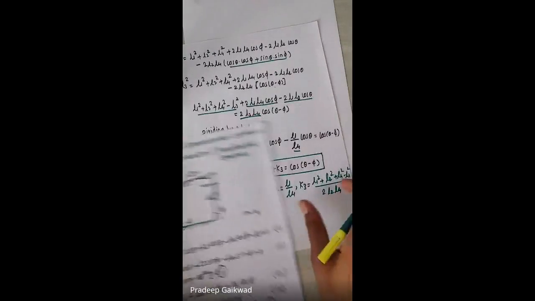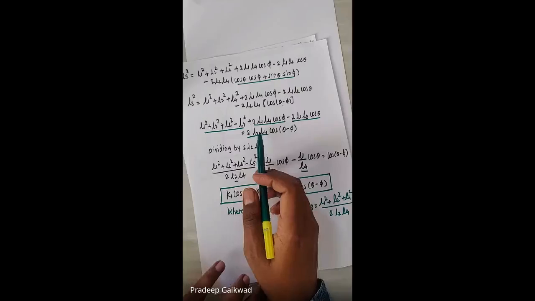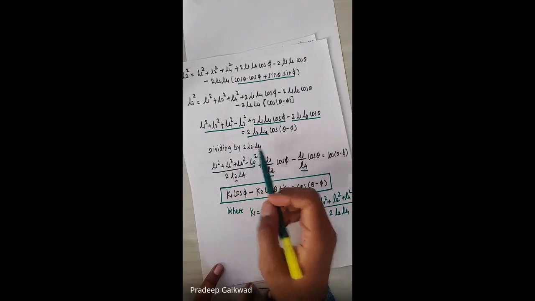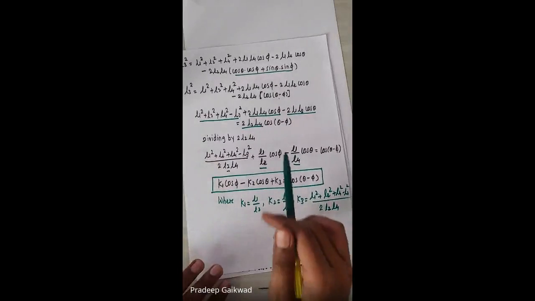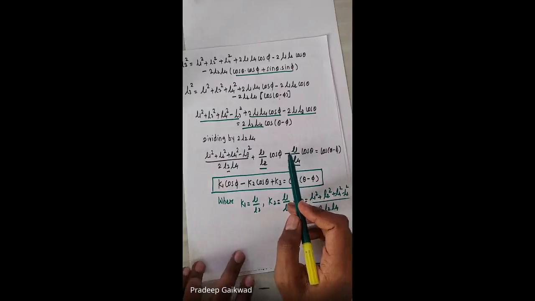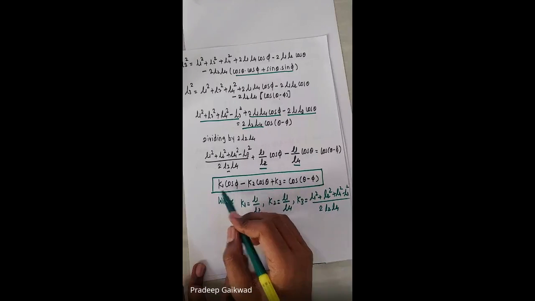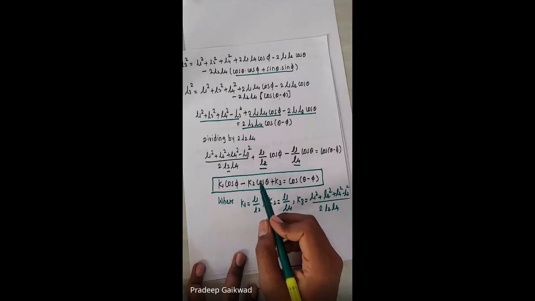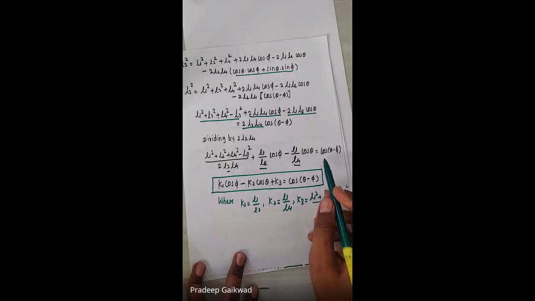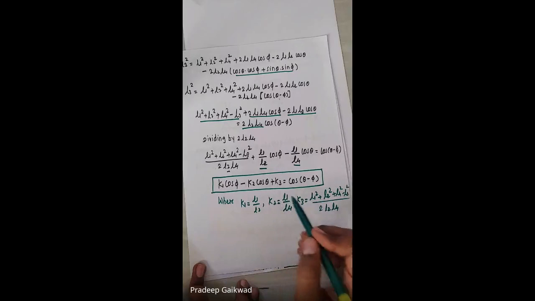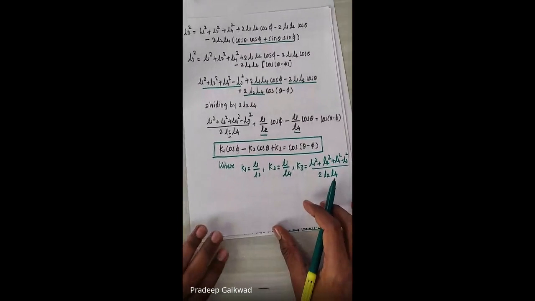Further, we simplify to obtain this equation. Then by dividing by twice L2 L4, we get the equation in terms of cos theta, cos phi, and some constants, which I call K1, K2, K3. So it is K1 cos phi minus K2 cos theta plus K3 is equal to cos of theta minus phi, where K1, K2, K3 are known to you. Means if for a mechanism, let's say I'm just drawing this mechanism here.